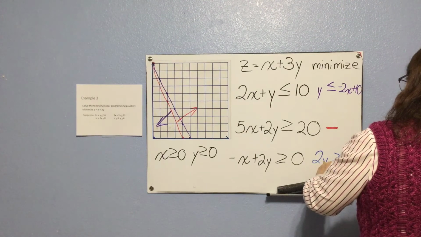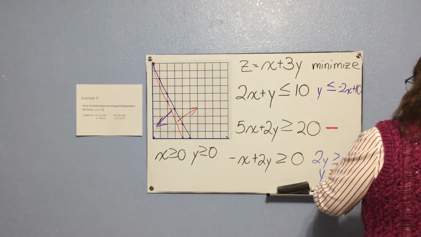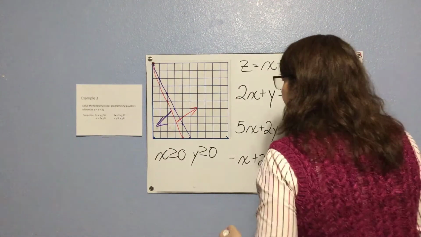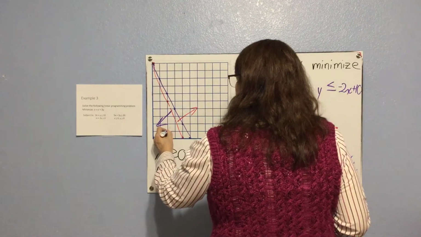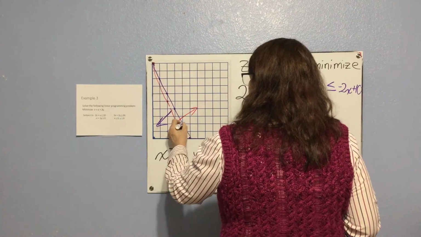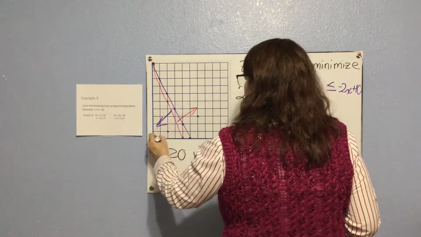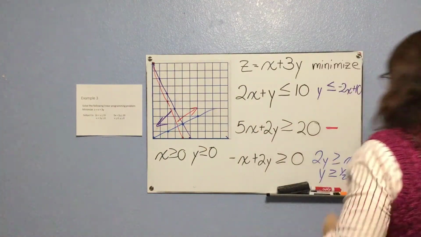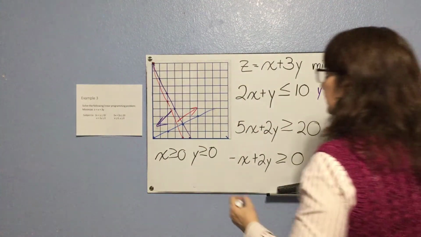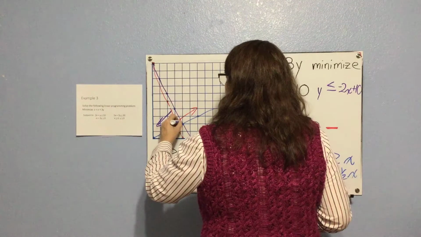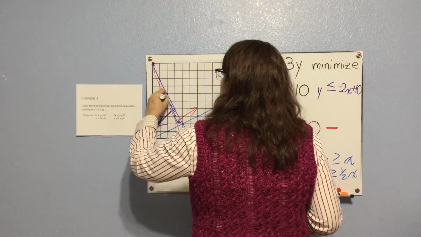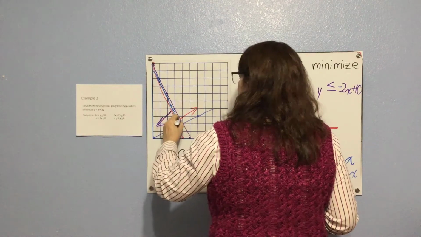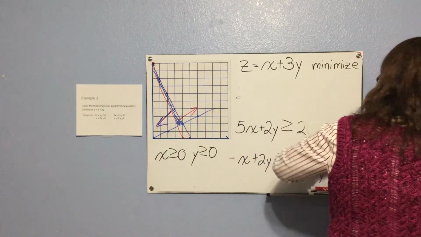So y is greater than or equal to 1/2 x. So a slope of 1/2 would come out this way. And I have y is greater than that. So this is my feasible region. Just in between these two lines and above the blue one. Okay, so I'm going to let those go for now.